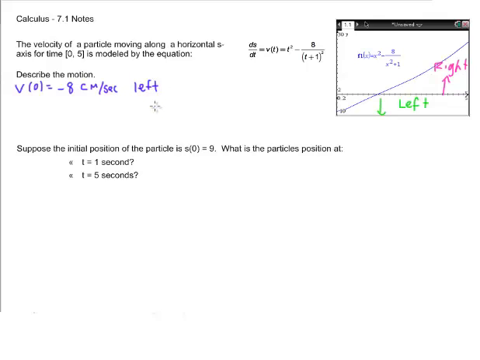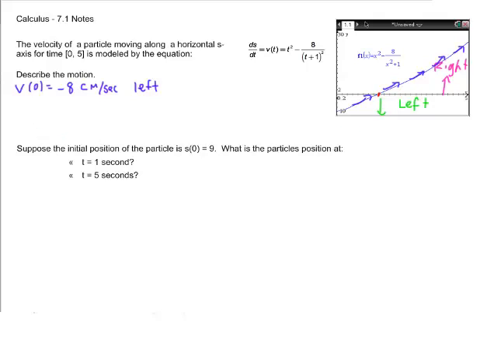Then as the particle follows the graph and moves up and to the right, we cross the x-axis. When we cross that x-axis, that's a big deal because now that's a change in our direction.